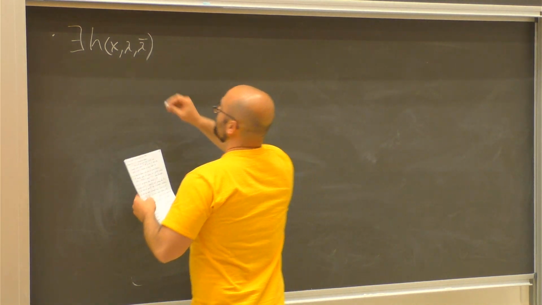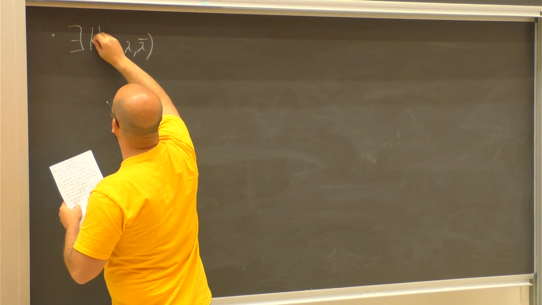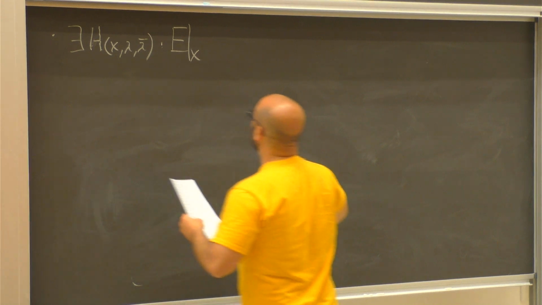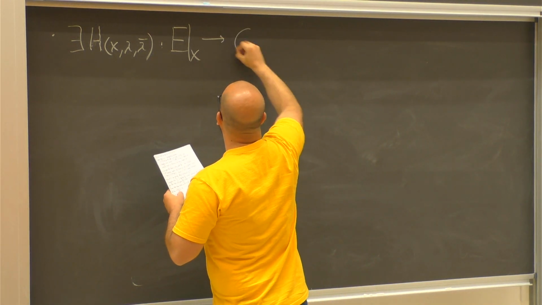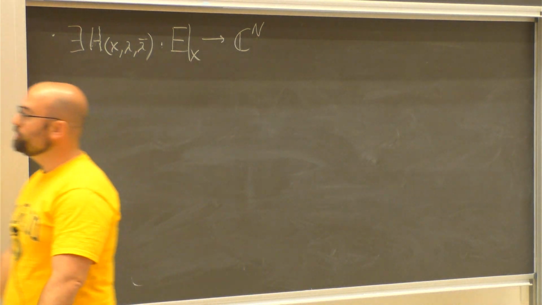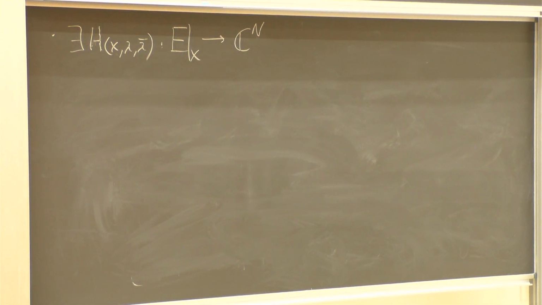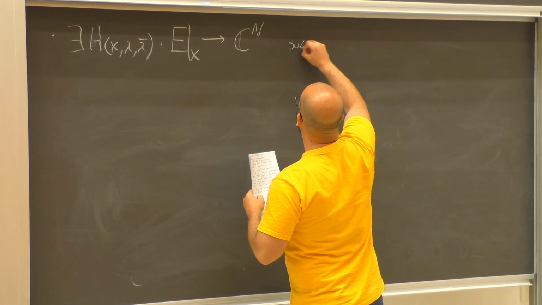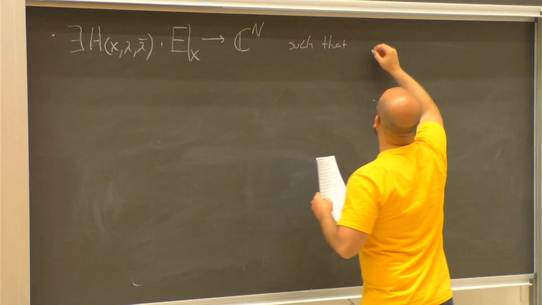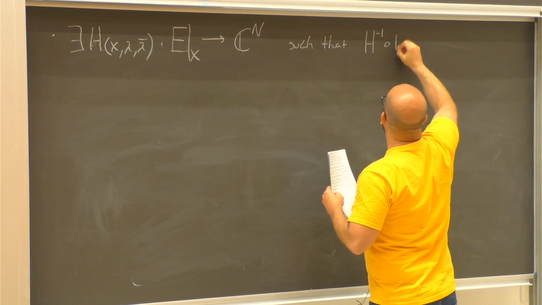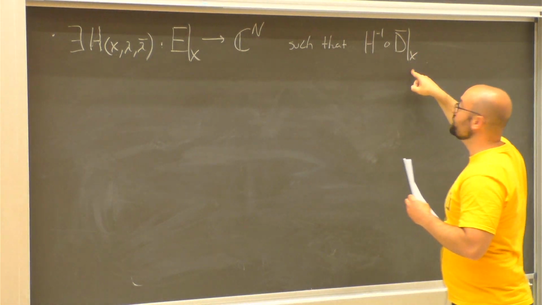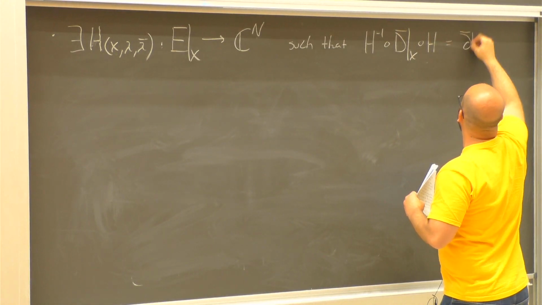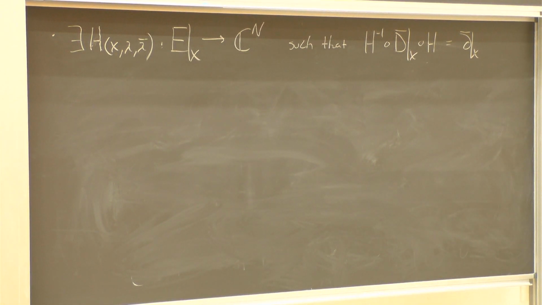So there should exist, let's call it capital H, which maps from E restricted to X into C^n, where n is the rank of the gauge group GL_N that we're hoping to recover on spacetime, the rank of this vector bundle E, such that H inverse composed with this partial connection restricted to the twistor line conjugated by H is just equal to the flat partial connection restricted to the line.